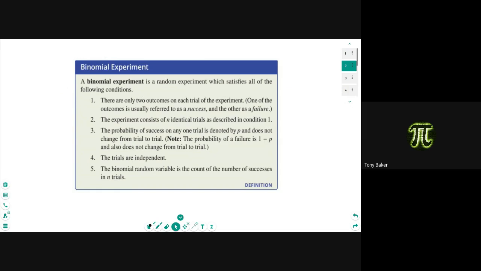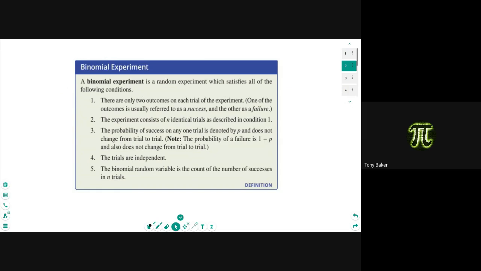Or if I did evens and odds, that would be a binomial type situation. So I can turn a dice game into a binomial experiment. I can do a lot of things like that. I just have to somehow make it a win-loss type situation, or an A or B situation where there's only 2 possible outcomes.